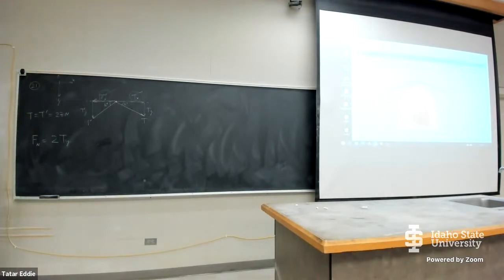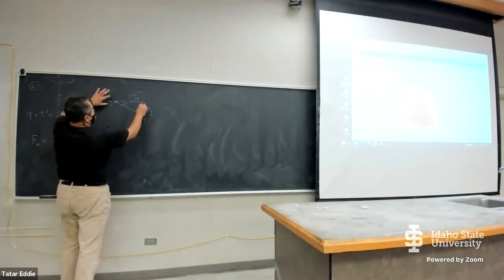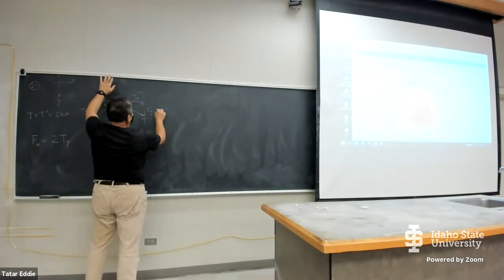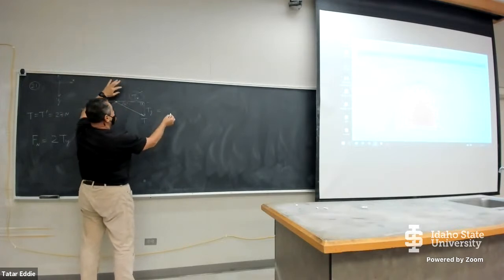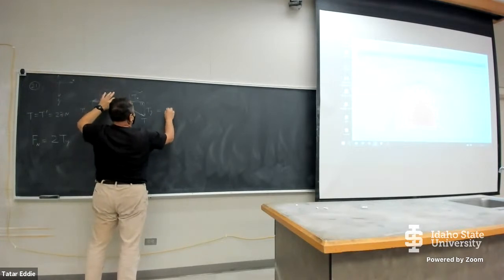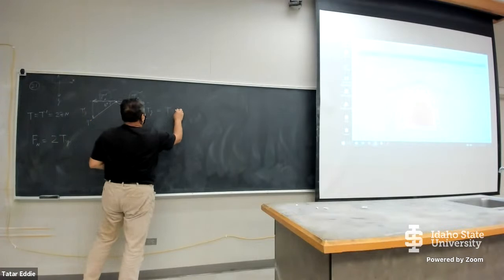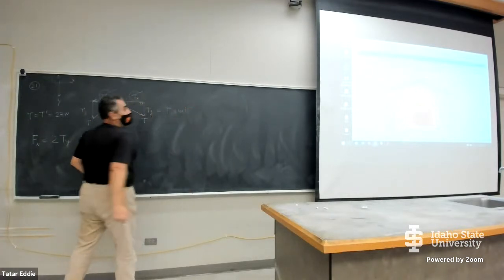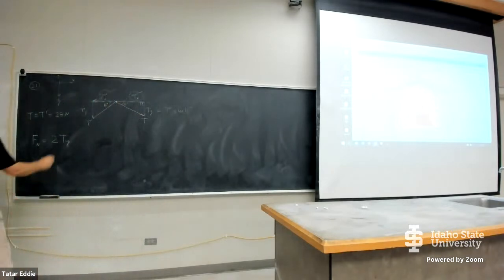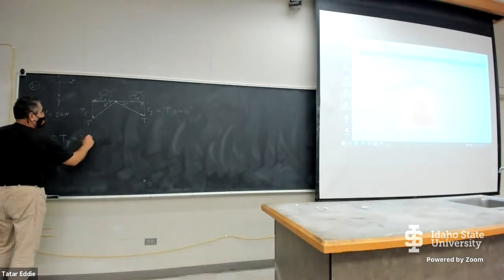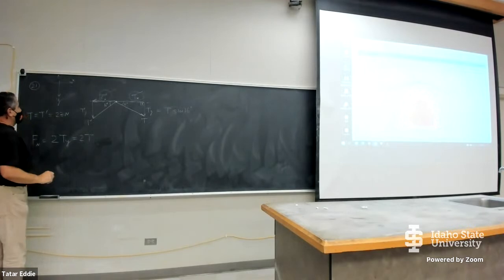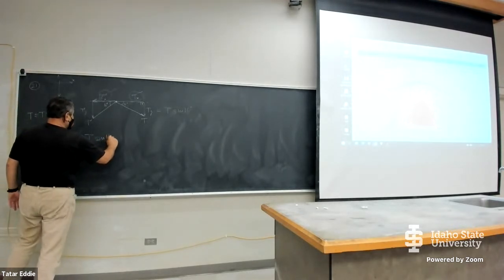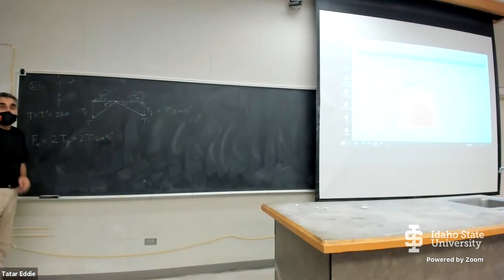From the diagram, this is a 90-degree angle, so Ty is equal to the hypotenuse T multiplied by sine of 16 degrees. So the answer is 2 times 27 newtons times sine of 16 degrees, and you just have to plug in the numbers.